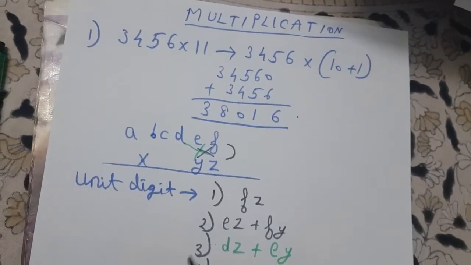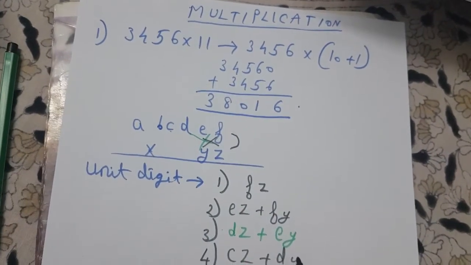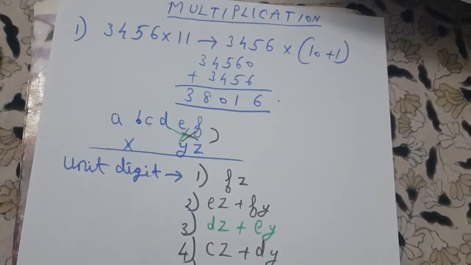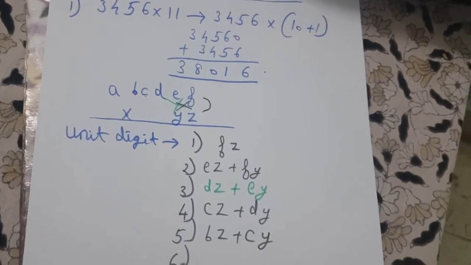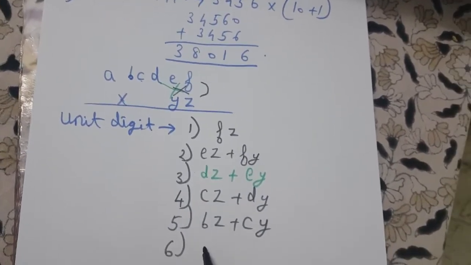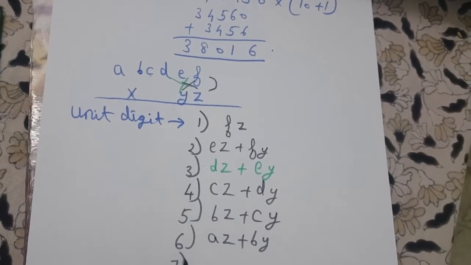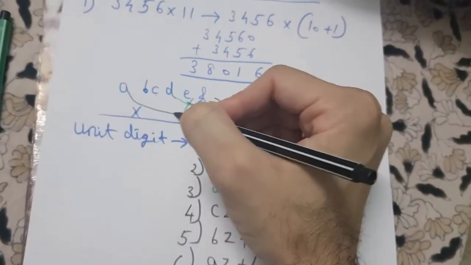Next step, CZ plus DY. In the fifth step, BZ plus CY. In the sixth step, AZ plus BY. In the last step, you take the carry, whichever it is, and add it to A into Y, the product of the last two digits.